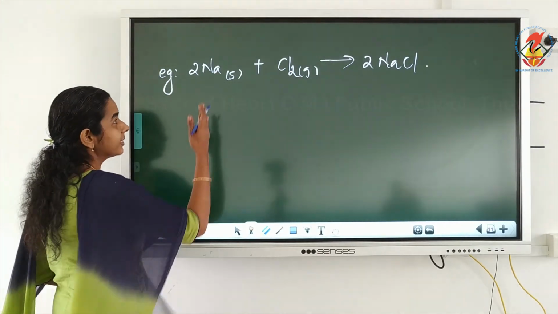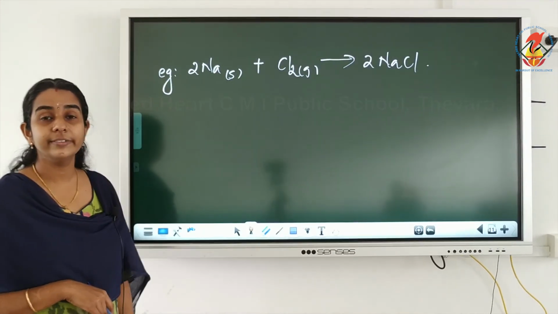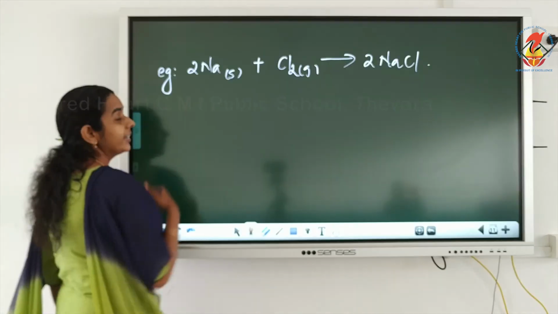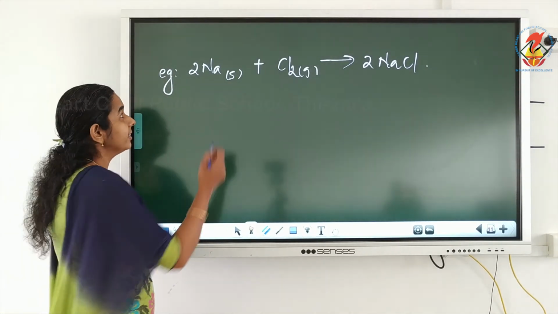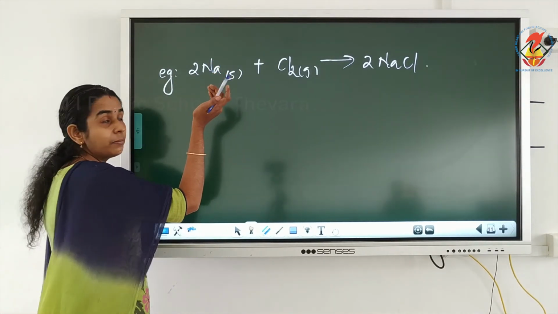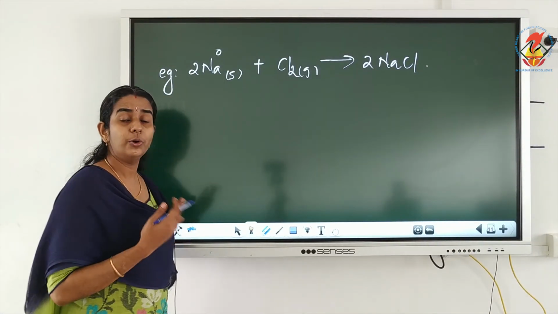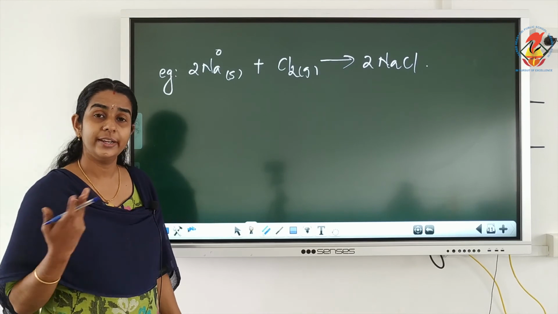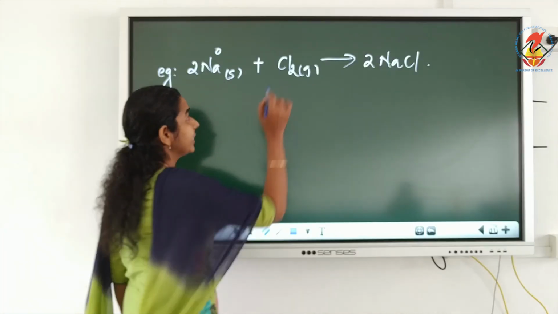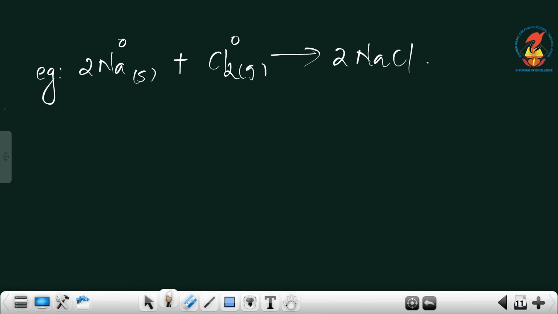So what happens to the positive and negative charges here? Sodium atom means in the atomic state it is there, what is the charge? Nothing is written means it is 0. In the case of Cl2 also it is a neutral molecule, no charge is written, that means here also the charge is 0. And we know that in NaCl, how this Na and Cl exist as?